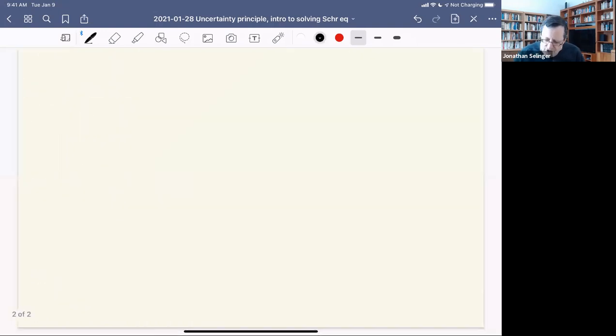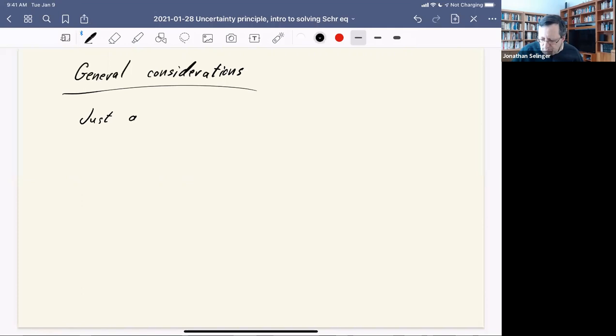Okay, and so we could say some general considerations about the uncertainty principle. One thing that we could say is that it just arises from the wave description. We haven't really done anything yet with solving Schrodinger's equation.